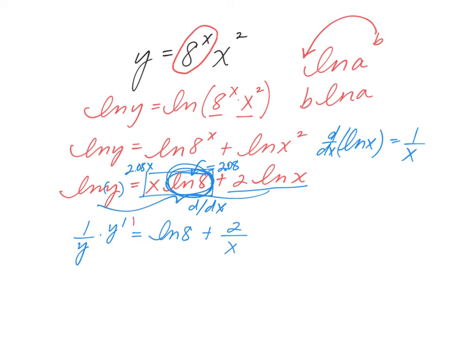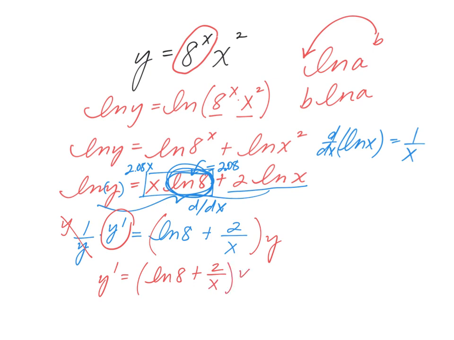So we're actually almost done because we're trying to find the derivative. So we're trying to isolate y prime and get it by itself. I can do that by multiplying both sides by y. So I have y prime is equal to the natural log of 8 plus 2 over x, times y. Now, we know what y is, so we're not going to leave it looking like this.